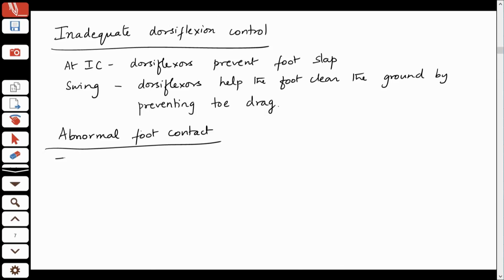You could have something called talipes calcaneus, which is a deformity where the forefoot is pulled into extreme dorsiflexion.